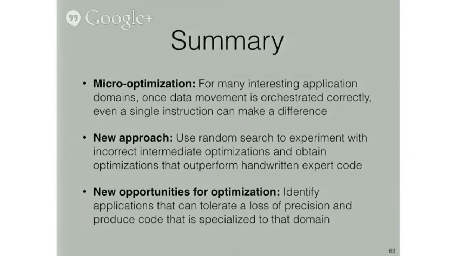It trades completeness in favor of stochastic search, and it's able to experiment with temporarily incorrect optimizations in interesting ways to obtain results that either match or outperform the code produced by production compilers, and in many cases, also the code produced by expert assembly writers. I also want to step further than that and propose that for applications that can tolerate a loss of precision, this technique is also a viable method for sacrificing correctness in favor of even smaller code and still higher performance.